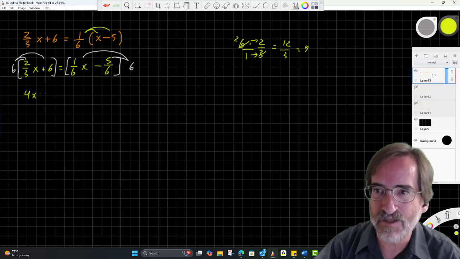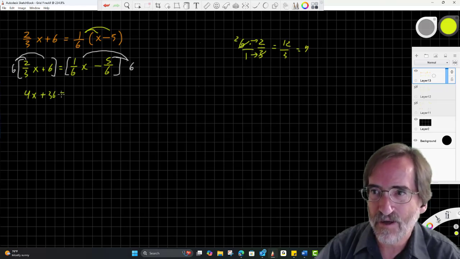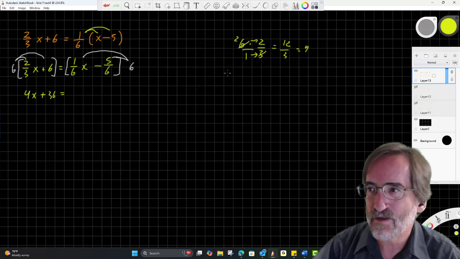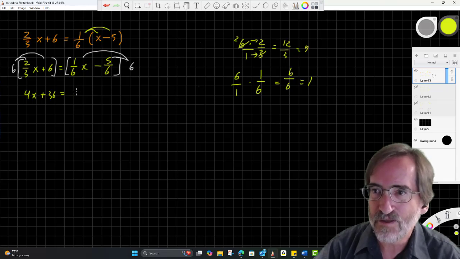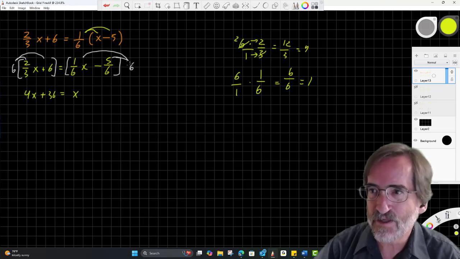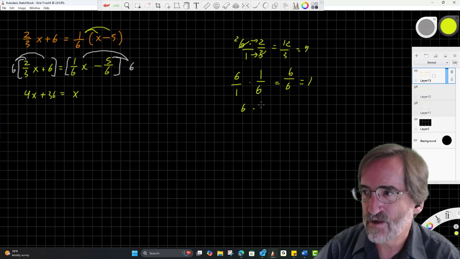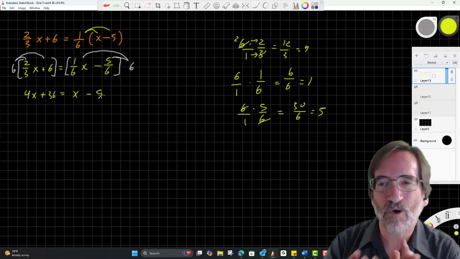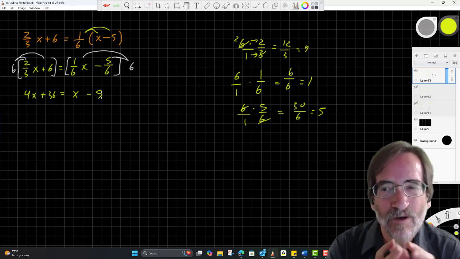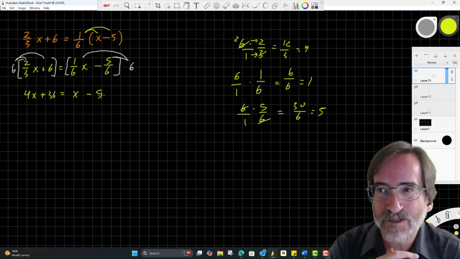And 6 times 6 is 36. 6 times 1/6 is just 6 over 6, which is 1, so 1x. 6 times 5/6, the 6's cancel, or you can do 30 divided by 6, which is 5. Either way you think of it is fine. And note, by multiplying by the least common denominator, I have gotten rid of all the fractions.